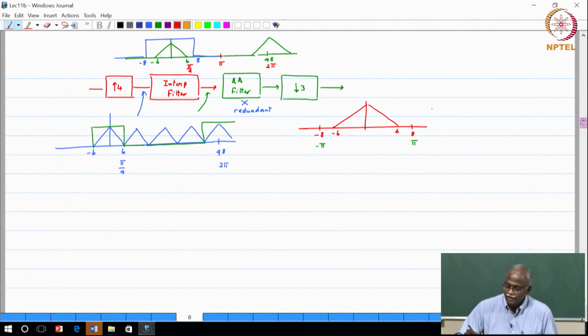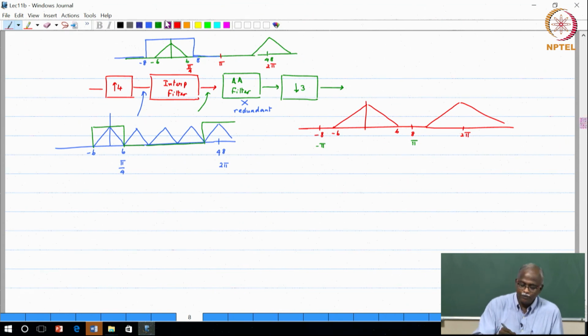Okay. And then another copy of the signal will be there at 2 pi. If this is 8, 2 pi will be 16 kilohertz.